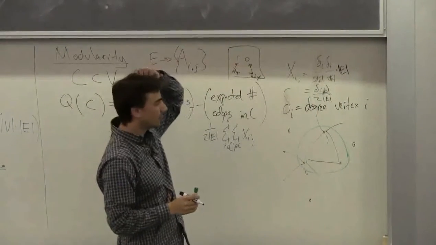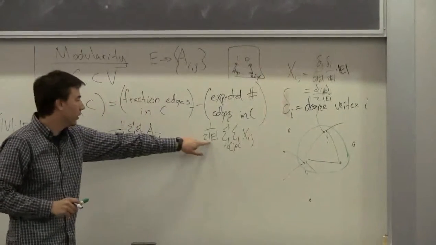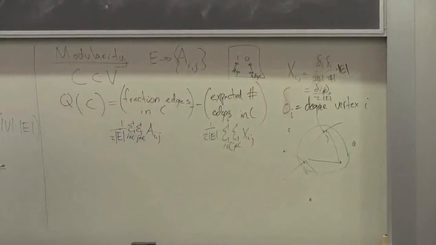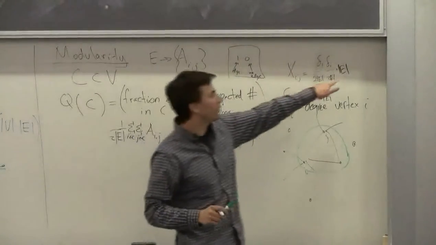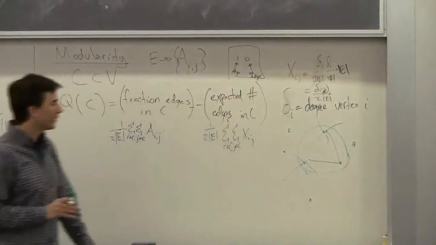So I think something is a little wrong here, but that way I can move this to 1 over 2e out front. So I guess I should have multiplied through by 2e because I'm placing each of these twice.